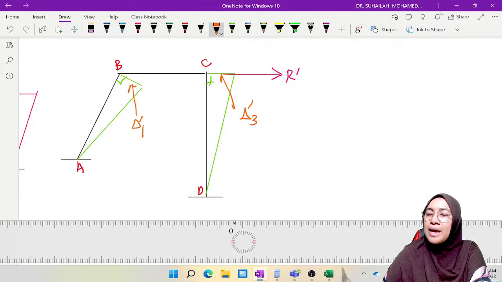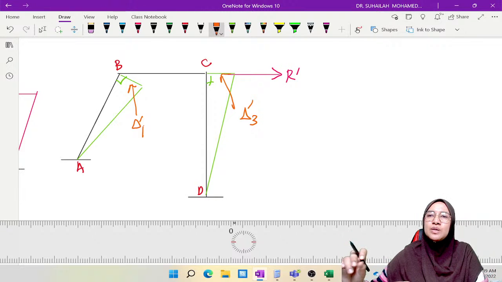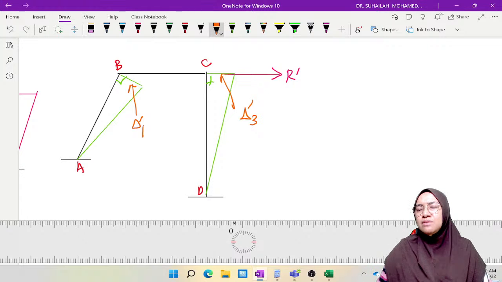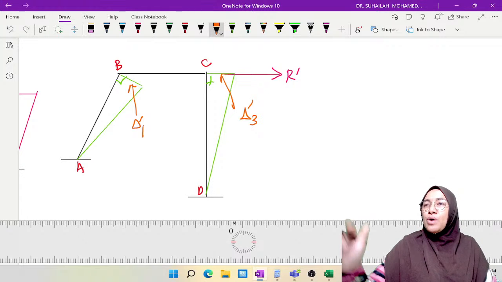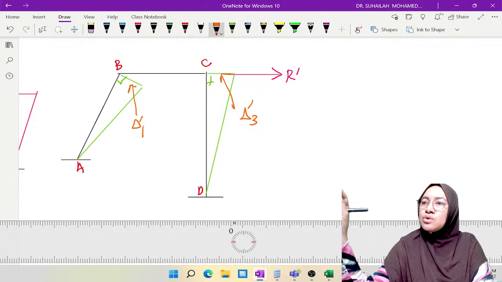And in this case, we have the vertical distance which represents the vertical displacement or deflection for beam BC. Whenever there is a vertical distance between delta 1 and delta 3, it belongs to beam BC.